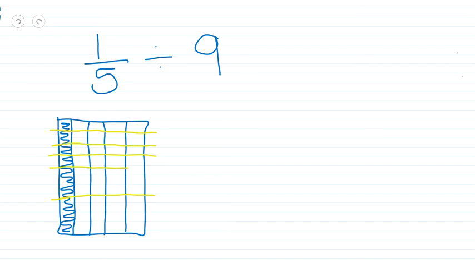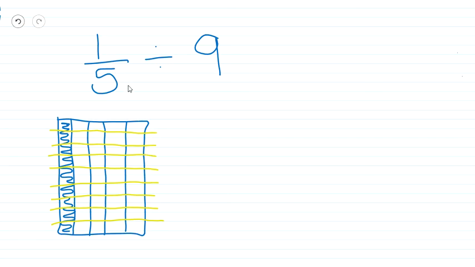Splitting it into 9 pieces. Okay, so that's 9 pieces. Let's count to make sure. We have 1, 2, 3, 4, 5, 6, 7, 8, 9 pieces. Right? We just split 1/5 into 9 pieces.